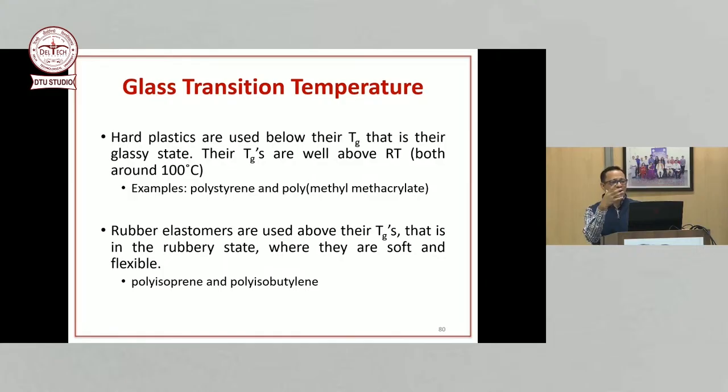But if you are seeing a softer material, it's above Tg. It's at a higher temperature than Tg, it's flexible, that's why it's softer. So hard plastics are below Tg, and rubbery, softer materials, like polyisoprene, which is a rubber, are above Tg, that's why it's in a rubbery or softer form rather than a very hard solid form.